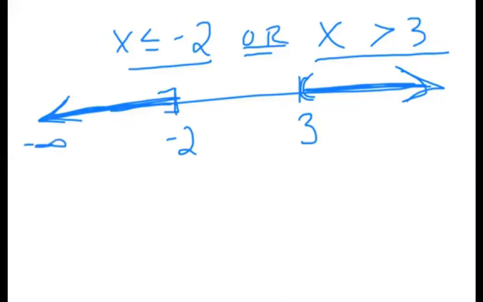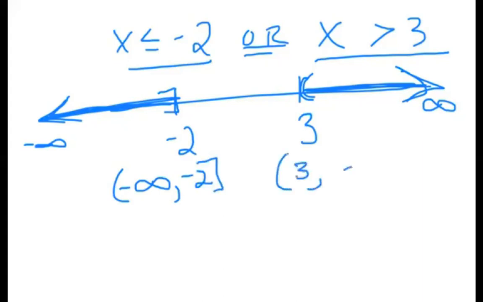So you got to write this in interval notation, guys. And so because you have 2 separate distinct intervals, you got to make sure you use that union symbol to show that these 2 belong to one compound inequality. So on the left, we have the interval from -infinity to -2, and that -2 is included. And then on the right, we have the interval from 3, which is not included, up to +infinity.